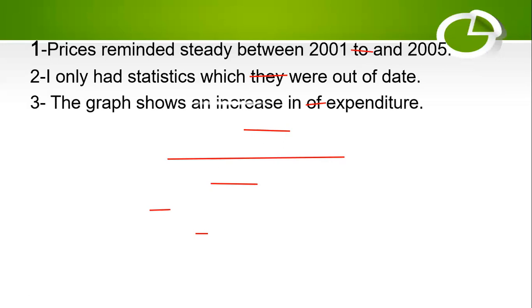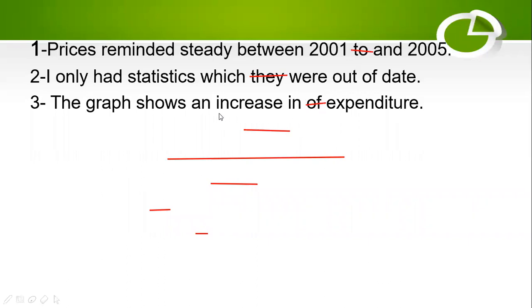Sentence number 3. The graph shows an increase in expenditure. First of all, let me give you the definition of expenditure. Expenditure means an act of using or spending energy, time, money, etc. Here the wrong one is of. We don't use of in this sentence.